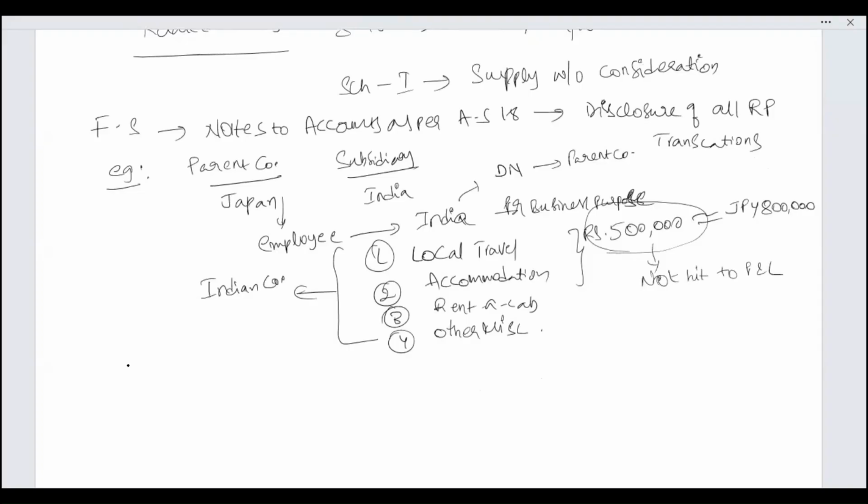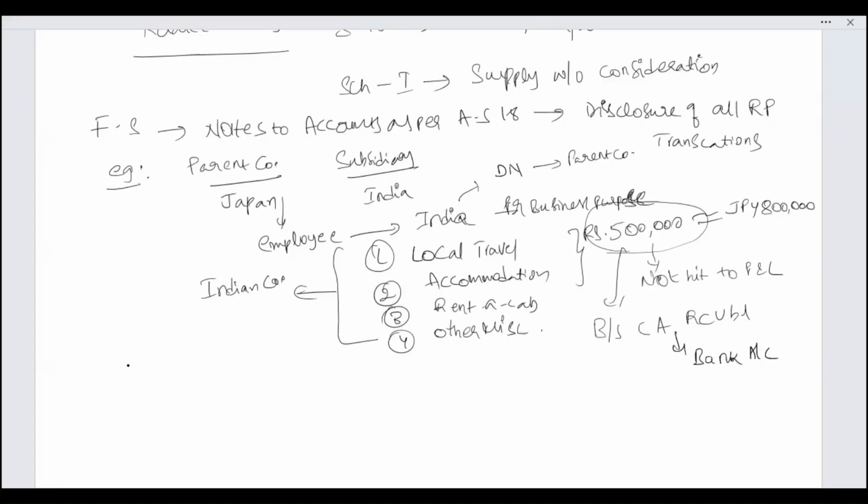Rather, it will be a balance sheet item as a current asset, a receivable. And once I receive the money, it goes into my bank account. Just to understand, it is like brother and sister. When a sister comes to meet a brother, what expenses are incurred?